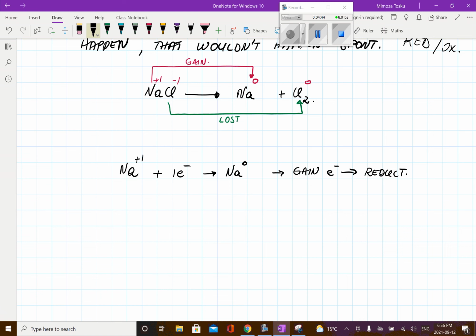What is happening on the other hand with chlorine is that it is losing an electron, becoming chlorine 0, and one electron is in the product because it is losing an electron, which means that it is oxidized.